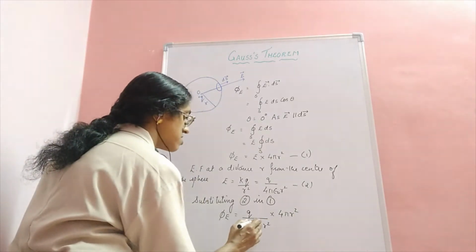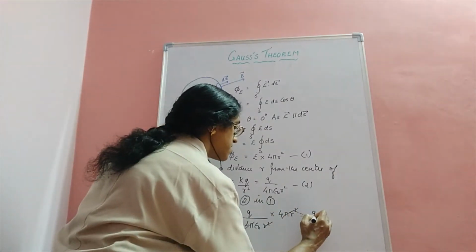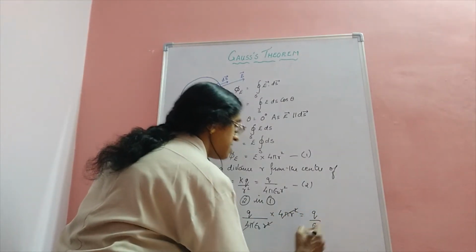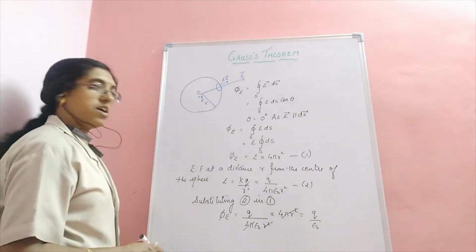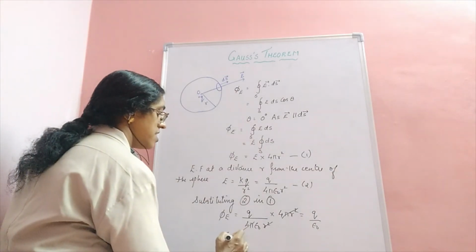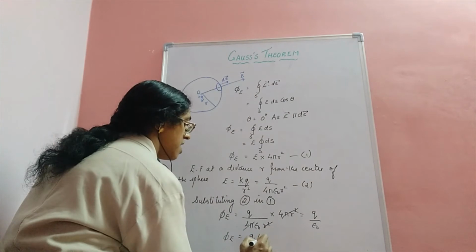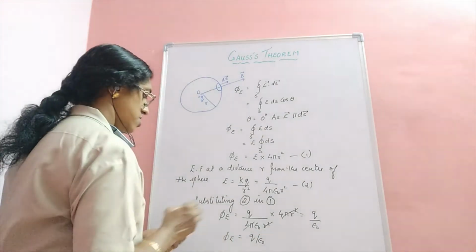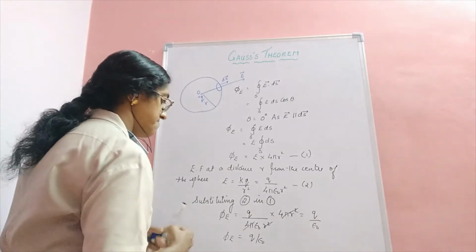Now cancelling out the terms, what do we get? It is equal to q by epsilon naught. As there was a single point charge, I could represent flux phi E is equal to q by epsilon naught, which is the Gauss theorem.